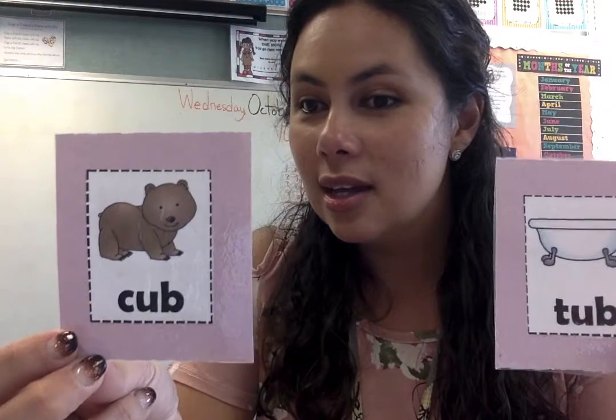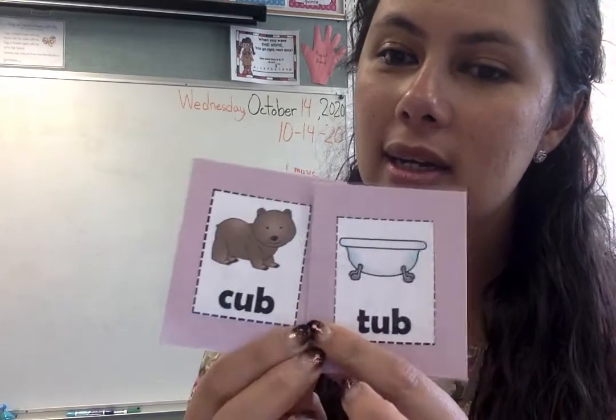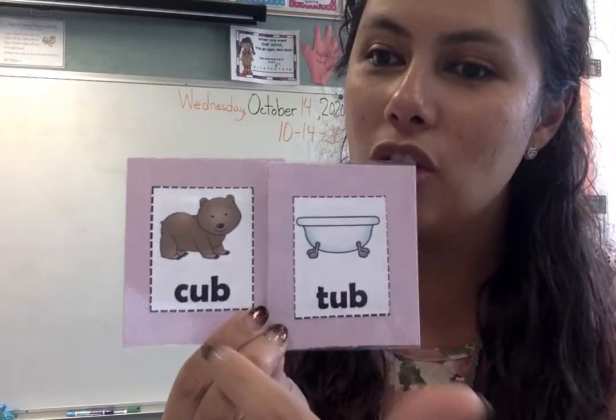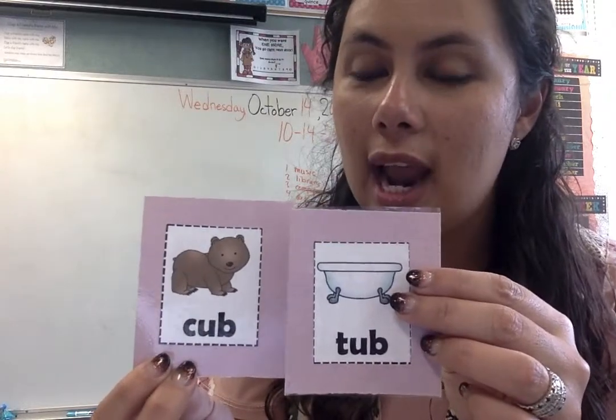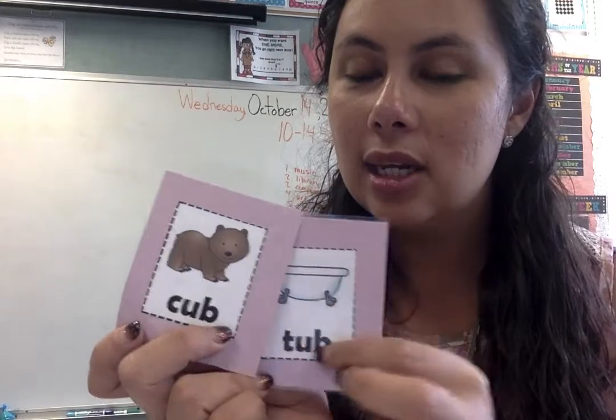Cub, tub. If you look at the words, I like these because they have cub, tub. You can see that they end in the same two letters, just like I showed you yesterday with the little strip. This just has the picture and the words written on the bottom. Cub, tub.